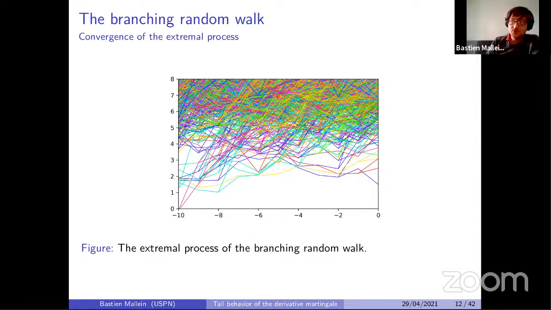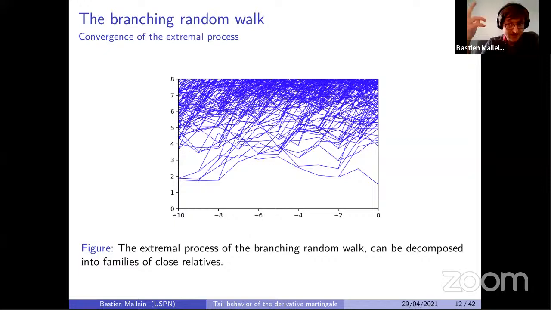What I claim is that if you look at the branching random walk after a very long time, and you look very close to the typical position of the minimum, you will see a picture that looks like this. You don't see much, but there are plenty of particles. This extremal process can be decomposed according to the family to which each particle belongs. The family of the particles that reach the minimum of the branching random walk at a very large time creates a certain point process, which will be my blue point process here.